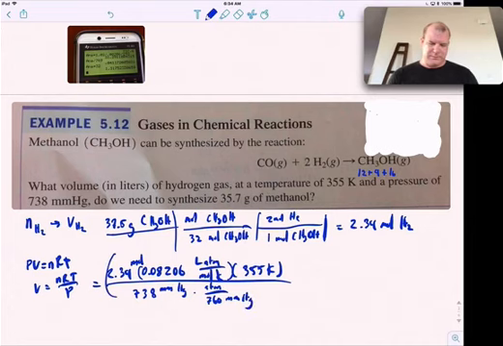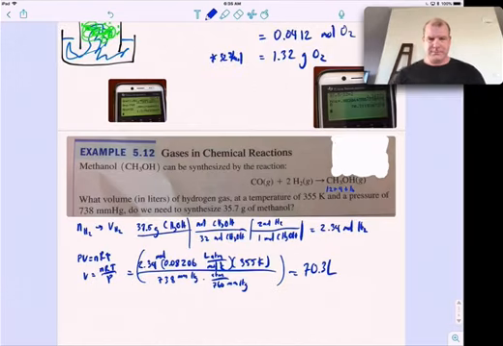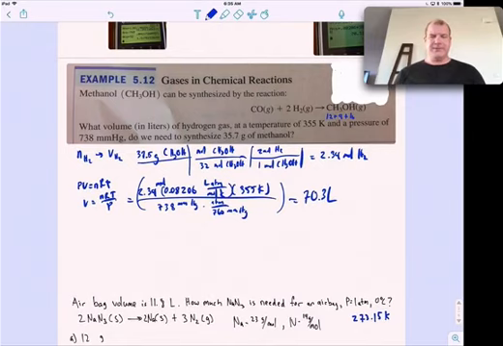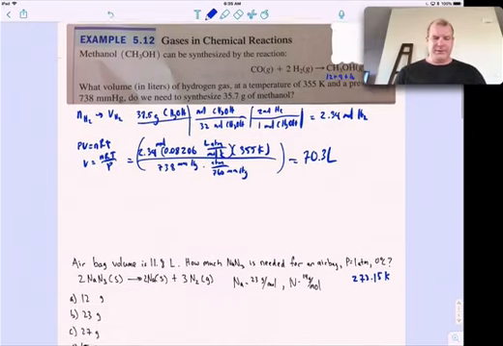So now all the units will cancel out, which then equals 70.3 liters, and the calculator is up there if you want to review later on.